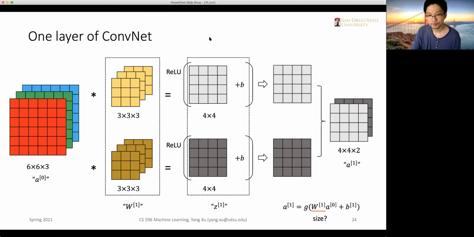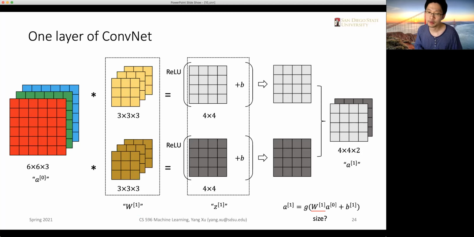So when we previously introduced the regular network, let's do a little review here. The W1 here is a two-dimensional matrix, right? It has a certain number of columns by a certain number of rows.